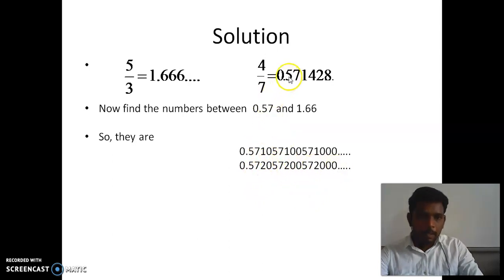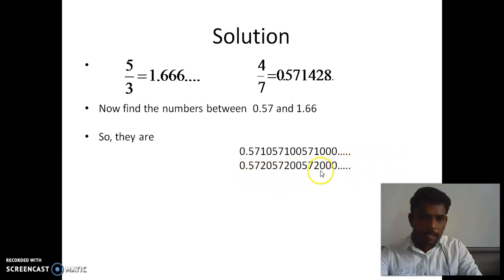Look at here, 0.571 is there. We are going to find the next number. So 0.572 and add 1 zero. Next, again repeat the same 3 digits, 572, instead of 1 zero, here 2 zeros. Again 572, instead of 2 zeros, 3 zeros. If you want to write the next stage, 572, 4 zeros. So likewise.